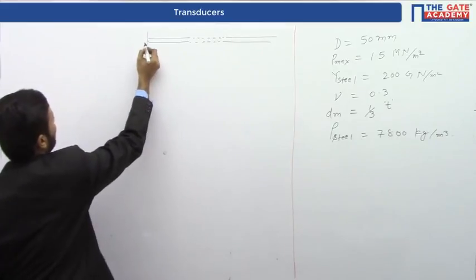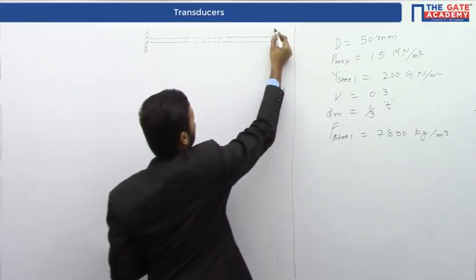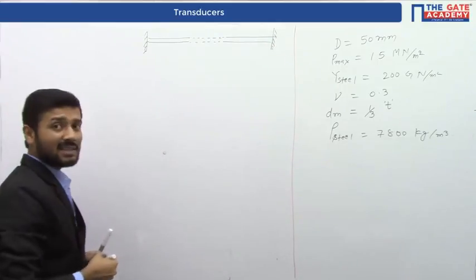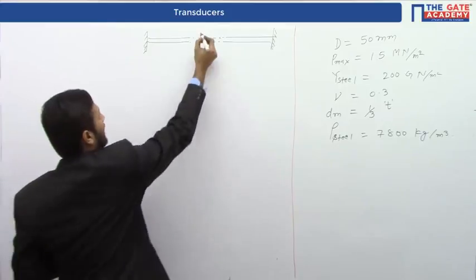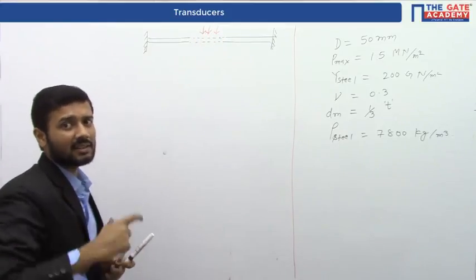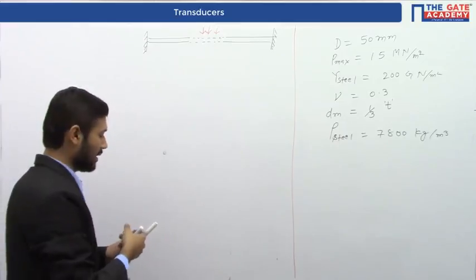Suppose this is our diaphragm. After applying some pressure on it, it deflects from its mean position by dm.